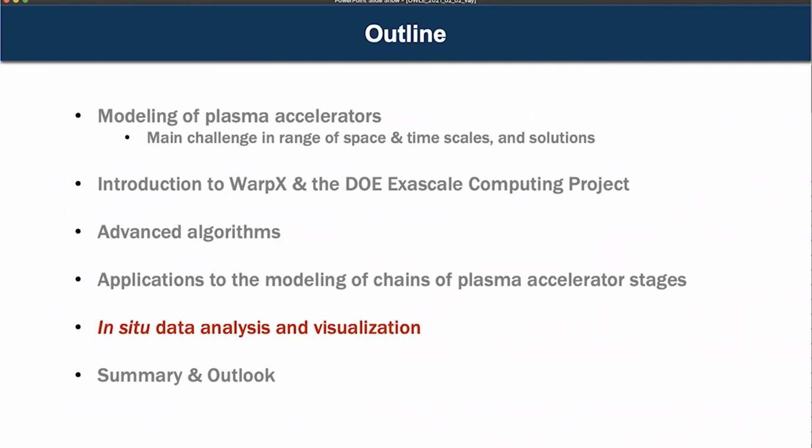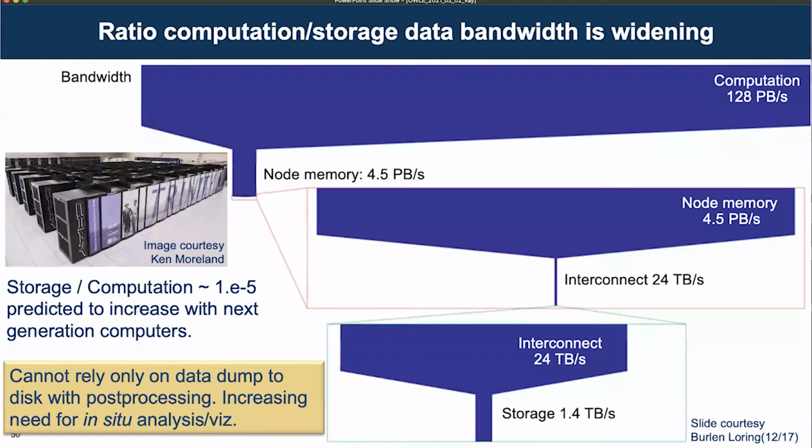A few words about in situ data analysis and visualization. One of the challenges for these simulations, as they become very big, is that there is a very big gap between the computation data bandwidth and the storage data bandwidth.